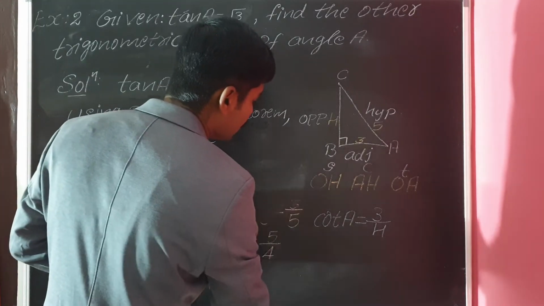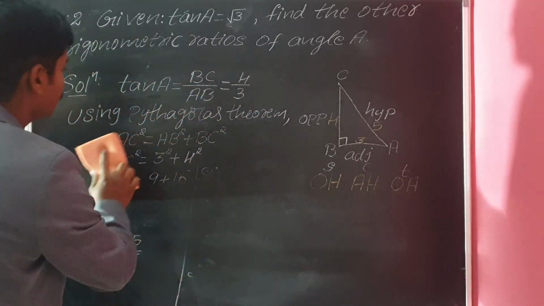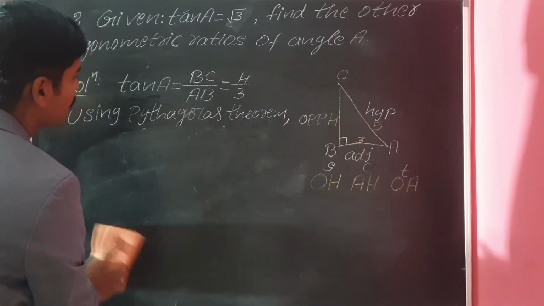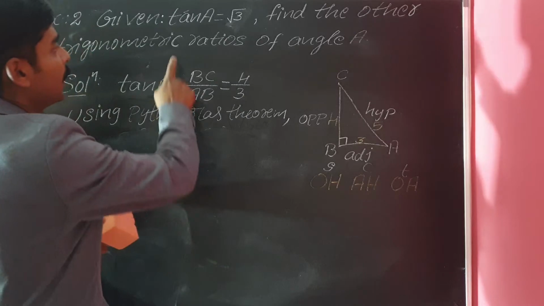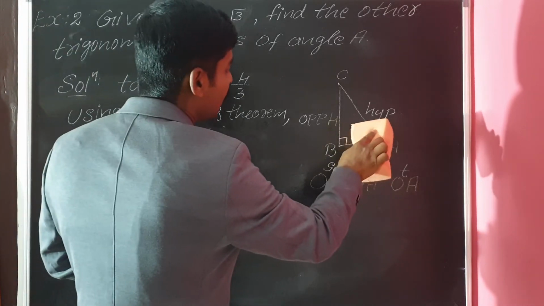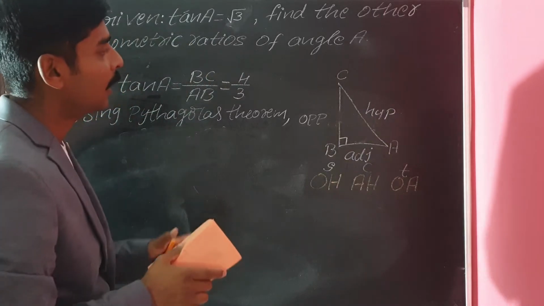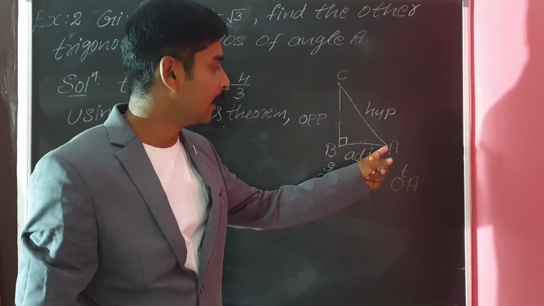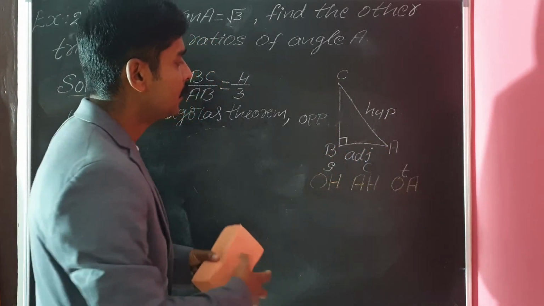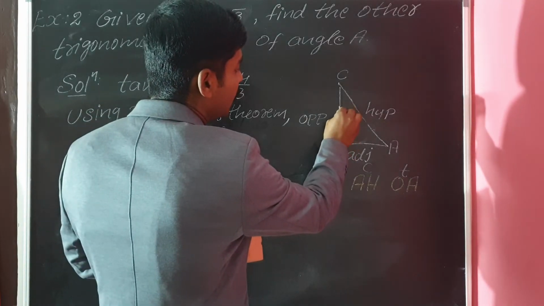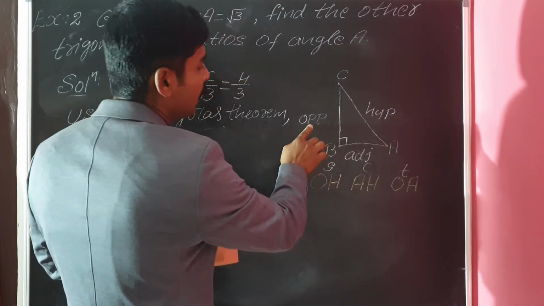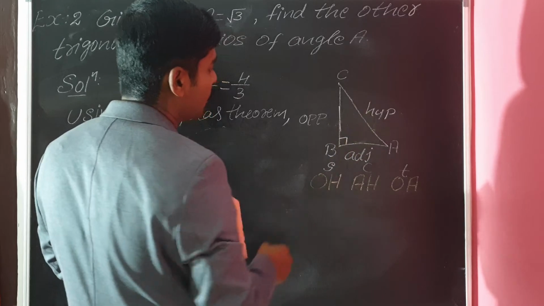As I already mentioned, first you must draw a right angle triangle. It is given tan A is equal to root 3. Since it is given tan A, I am considering a right angle triangle ABC. With respect to this angle A, this is the opposite side, this is the adjacent side, and this is the hypotenuse.